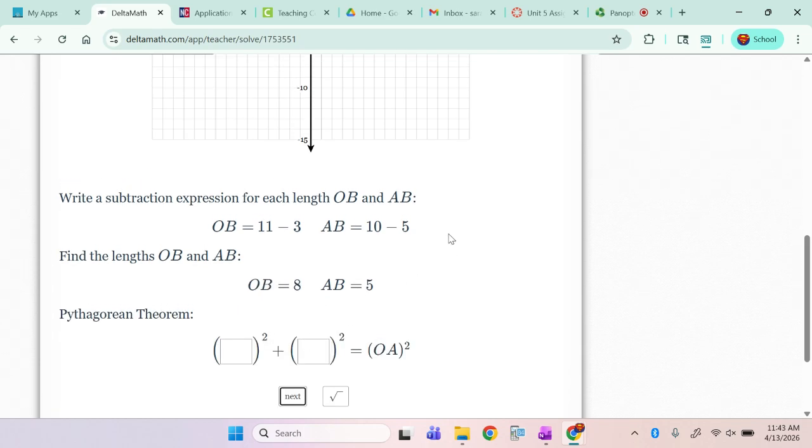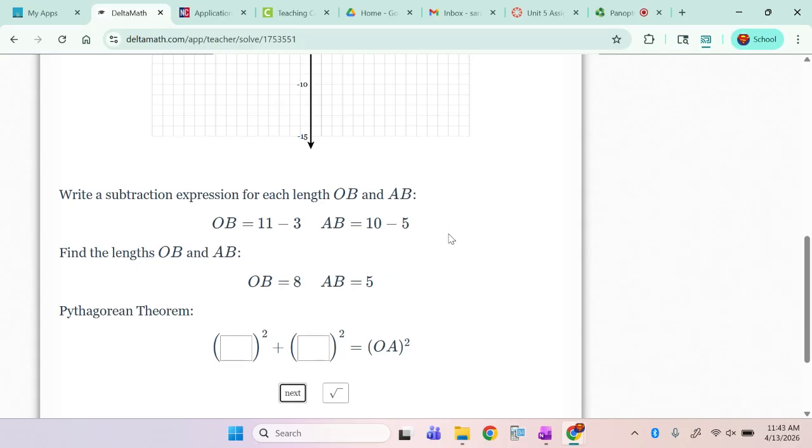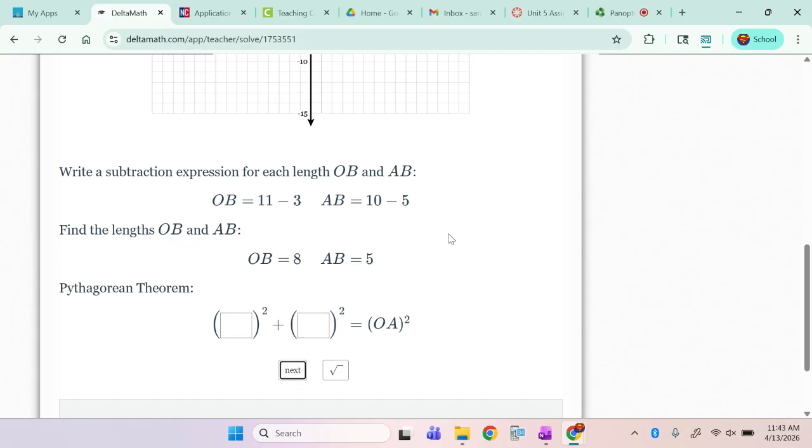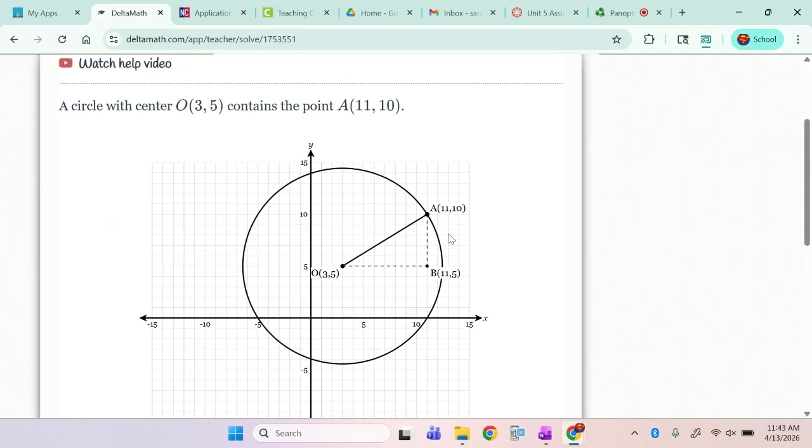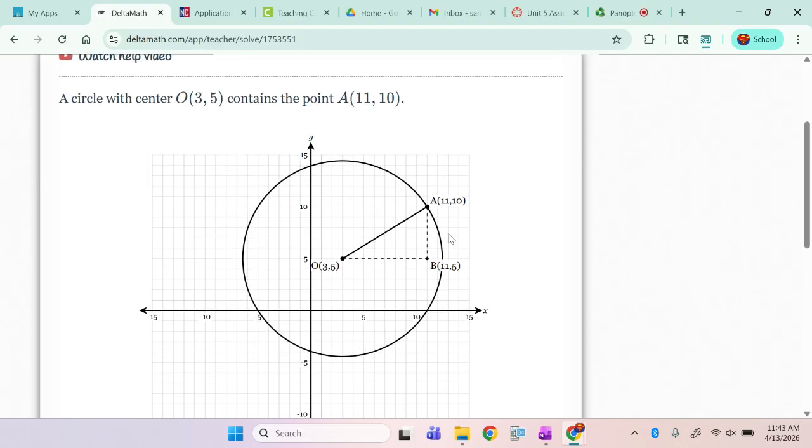All right, everybody following so far? Now, the next thing they want us to do is plug these two values into the Pythagorean theorem. If these are the lengths of 8 and 5, we're going to try to find the length of OA. Let's call that x. We're going to use the Pythagorean theorem, like we just did, to find that length.